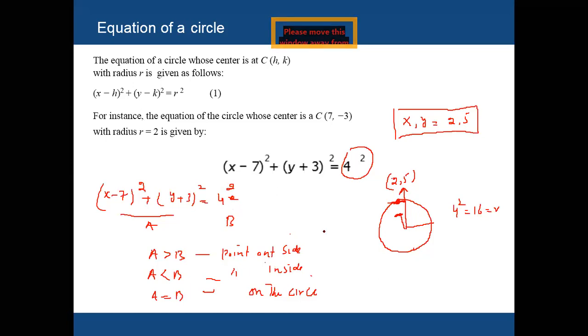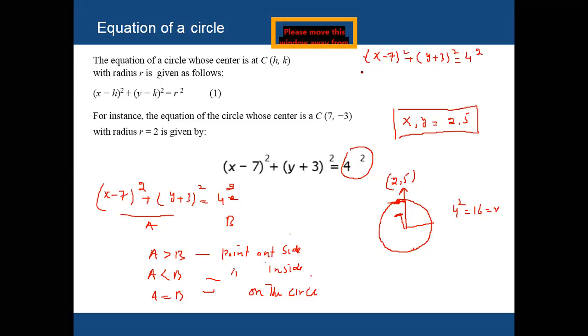Now in this case, points are given 2 and 5. So we have this equation. Write down the equation, but replace x and y with 2 and 5. Let me write the first equation: x minus 7 whole square plus y plus 3 whole square equal to r square, which is equal to 4 square.